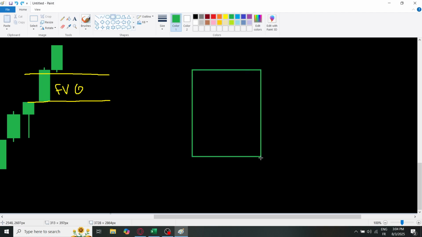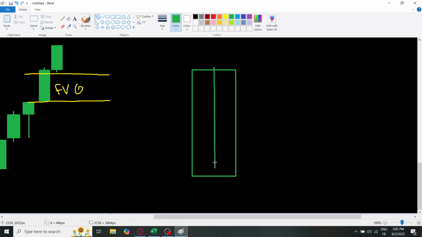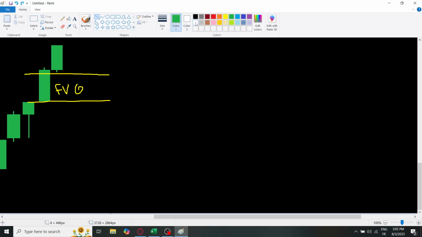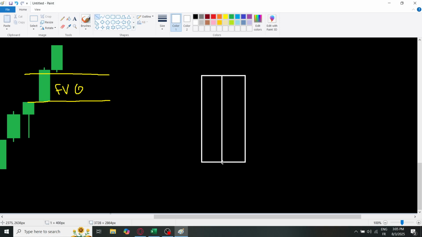So this is the footprint candle. Let's say we're talking about this candle. I think if I make it in white, it will be much better to explain. So the footprint is like this.